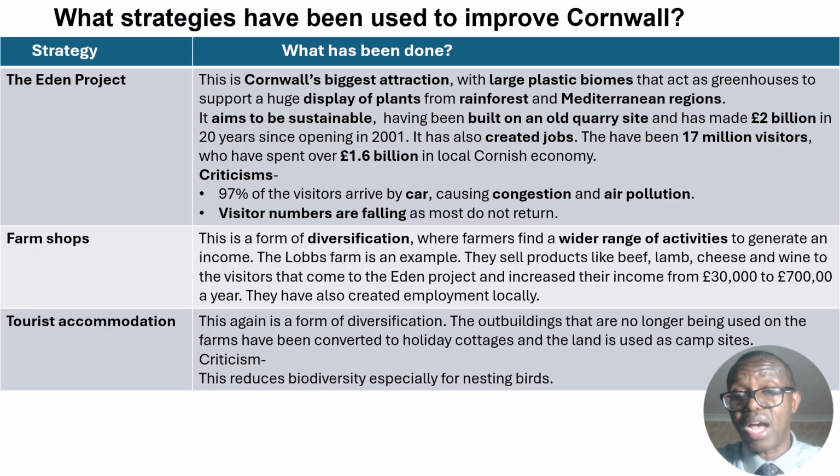The open land is also used as campsites, and that is now bringing income to the farmers from sources that are different from that initial primary activity, which was farming, or in this case dairy farming. But the criticism of this is that tourist accommodation and campsites and so on reduce the biodiversity in the area, especially for nesting birds.